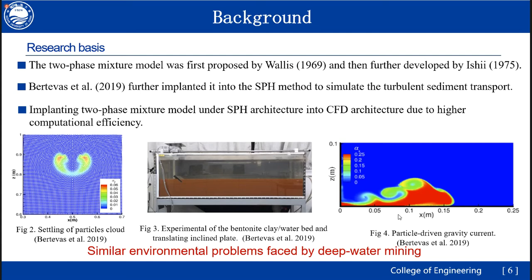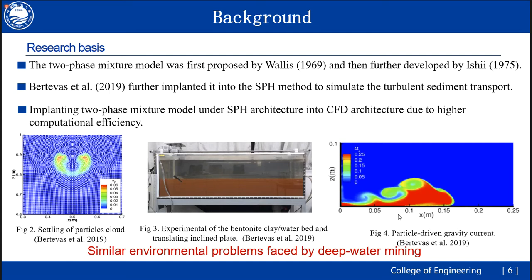That's because we think the CFD two-phase mixture model may have higher computational efficiency compared with the SPH model. We focus on the deep sea mining problems, so we chose three commonly used examples.